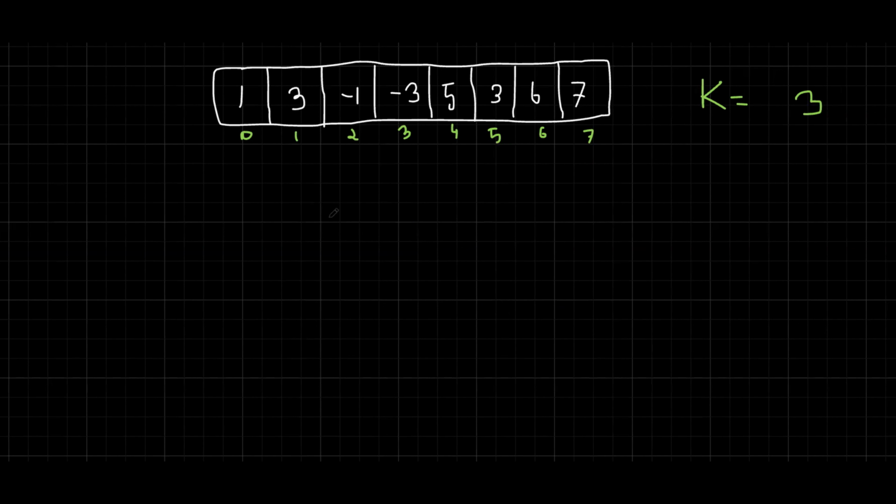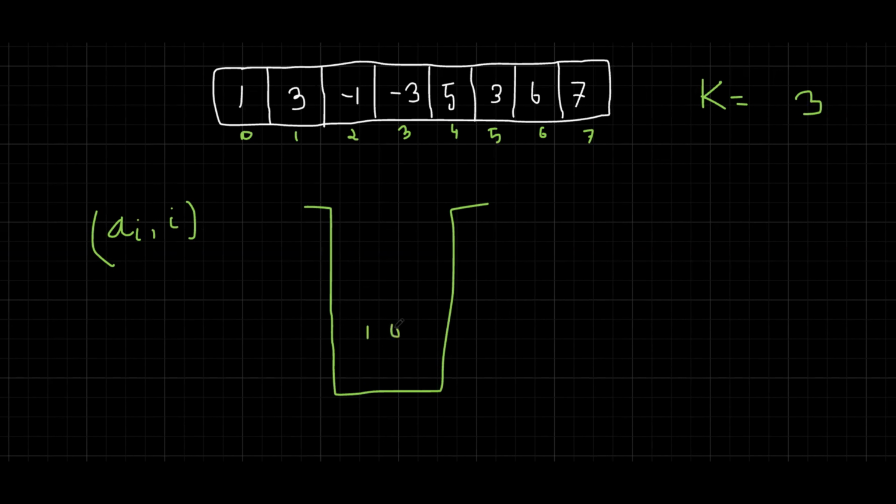Now, the algorithm is pretty simple. We have to simply iterate from left to right and insert the pair A[i] and i into the priority queue. Suppose for this 1, we have to store 1 and 0 as a pair.